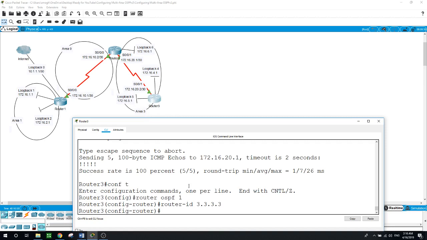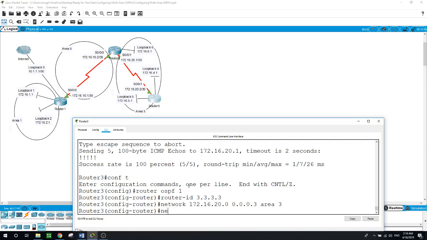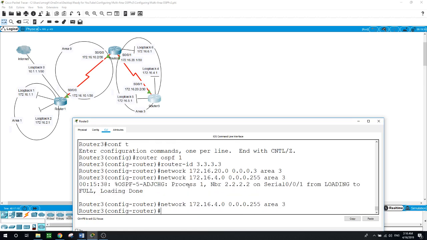So start with the interface network of 172.16.20.0, area 3, network of 172.16.4.0, area 3, and the network of 172.16.5.0, and this is also in area 3.